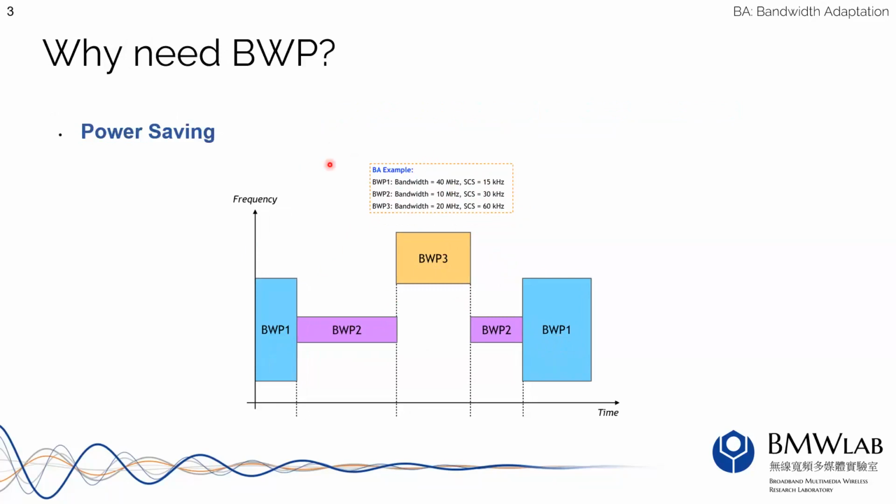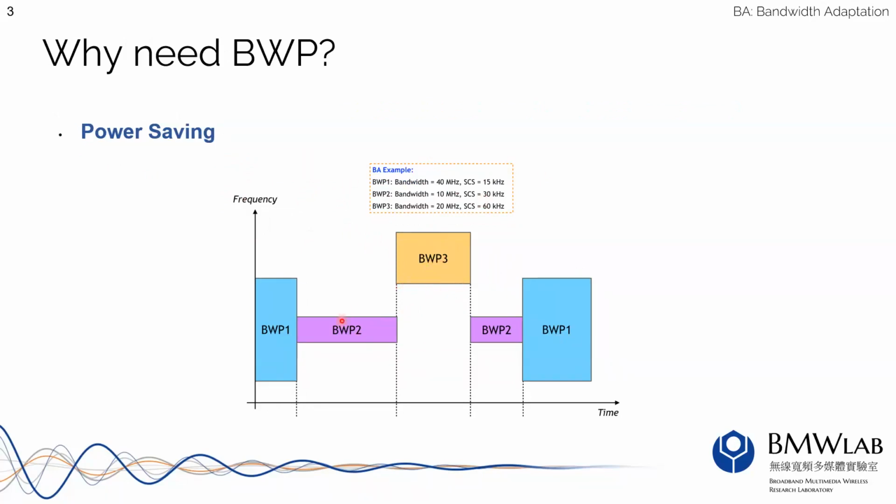Okay. So why do we need bandwidth part? Can't we just use the scheduler to meet the UE's demand instead of bandwidth part? To answer this question, we need to know that 5G increases the total bandwidth for each frequency band, such as N78, N79, and so on.